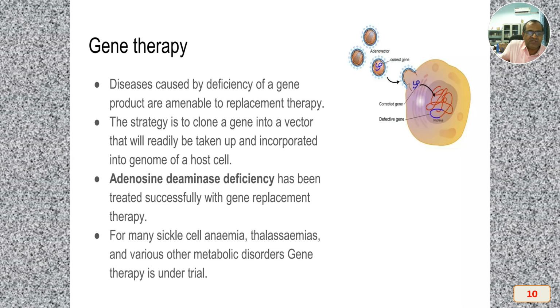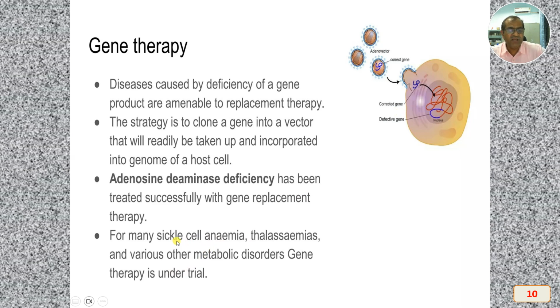Adenosine deaminase deficiency has been treated successfully with gene replacement therapy. Here you can see that a defective gene is replaced with a correct or corrected gene so that the disease can be treated effectively.